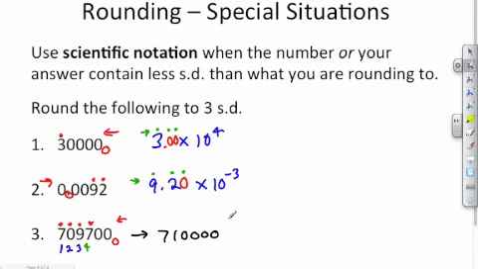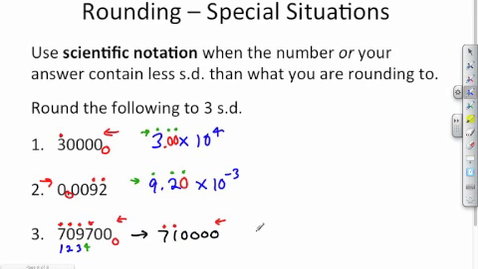Now, if you scan that real fast using the Atlantic rules, we see that this number only has 2 significant digits. So we have a little bit of an issue. But this can be resolved by converting it to scientific notation and adding some zeros.